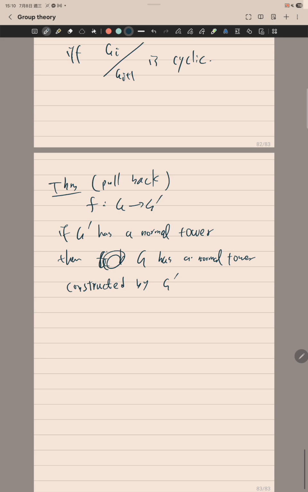The idea is that if you have G prime, let's say it is G0 prime, it has some normal tower.